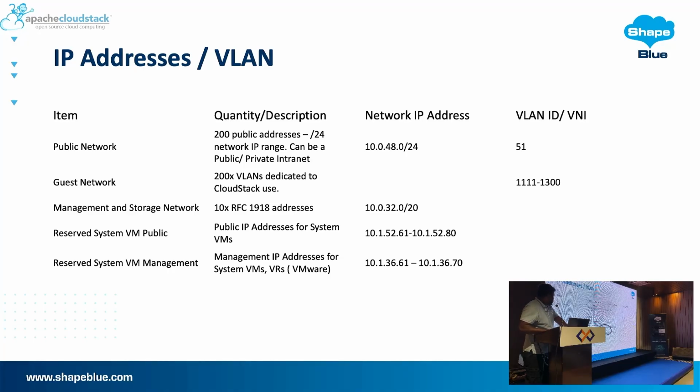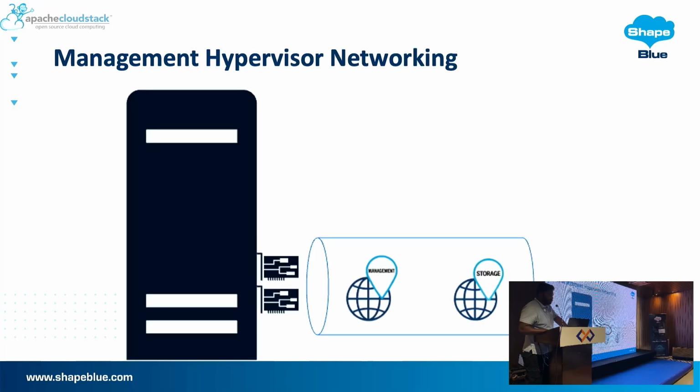And I need to reserve some IP addresses for the public IPs and management IPs for the system VMs. If you are using VMware, you need to reserve more IP addresses for the management network. And the management server hypervisor needs to be configured to make sure the virtual machine can access the management network.